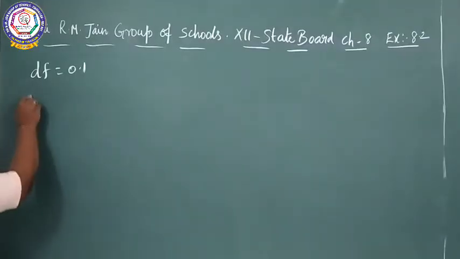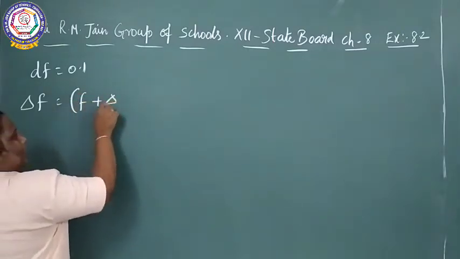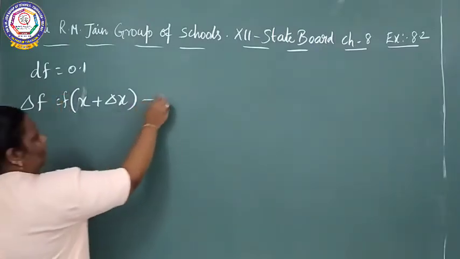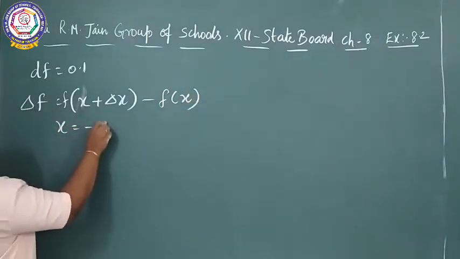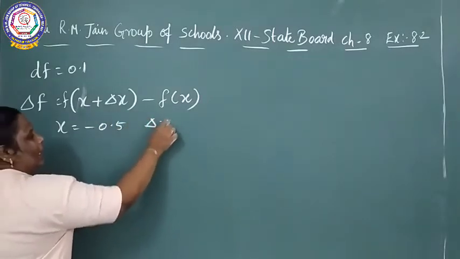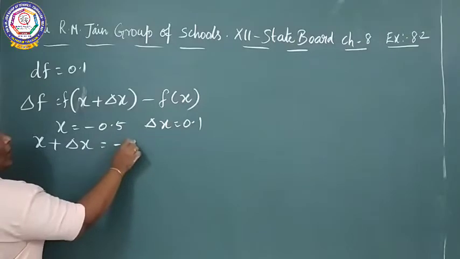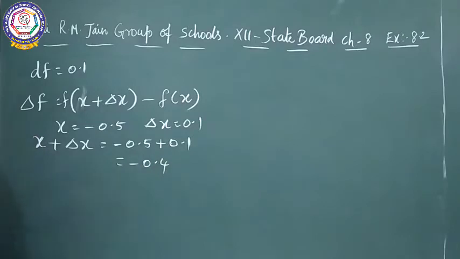See, next is Δf. Δf = f(x + Δx) - f(x). What is the x value? x = -0.5, Δx = 0.1, so x + Δx = -0.5 + 0.1 = -0.4.